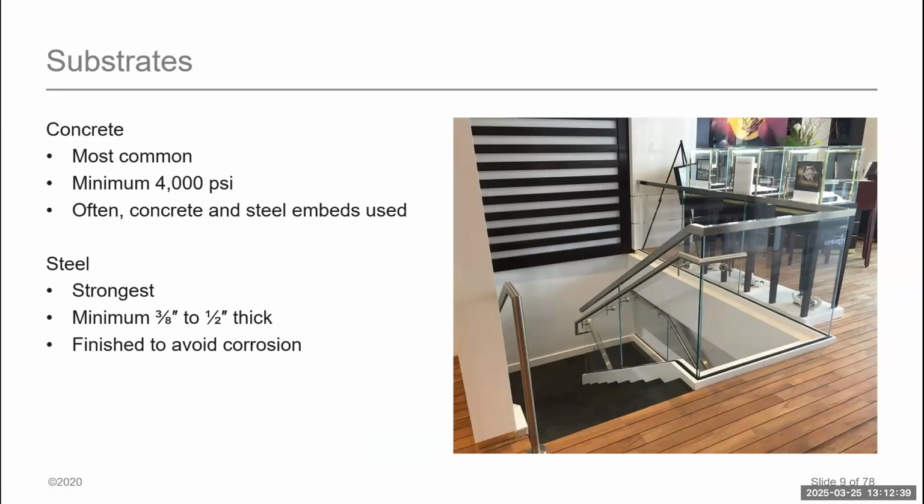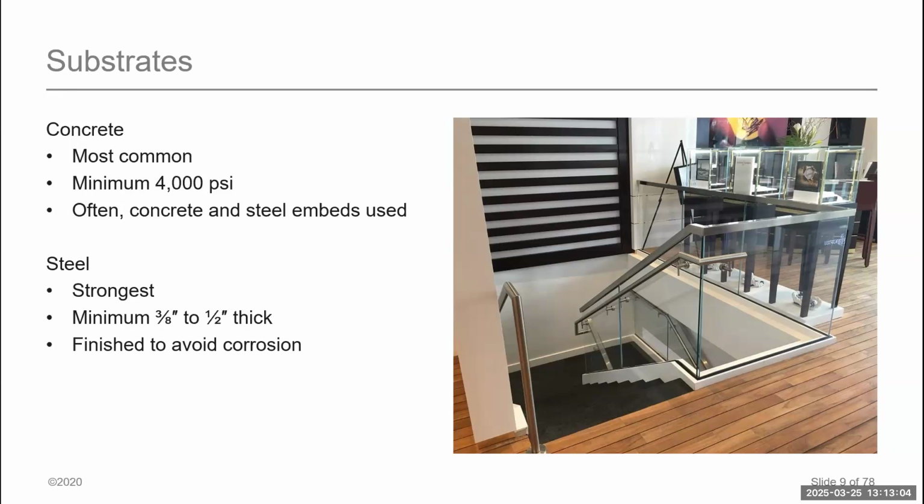The most common substrate that we will see in the industry, and let's speak in commercial terms, is concrete. Typically, the minimum specification that we will see in today's market is about 4,000 PSI. If we're looking at some historical buildings, we will see concrete that's 3,000 PSI, even down to 2,500.